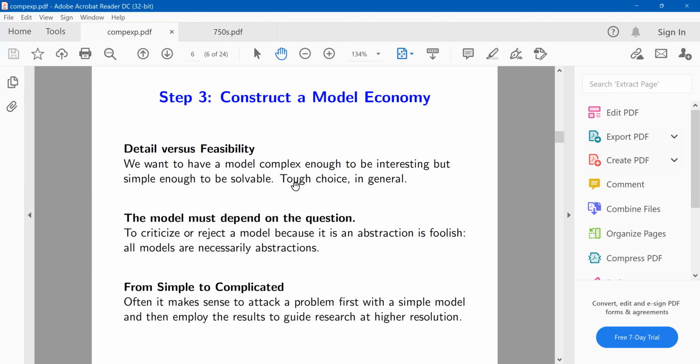So any model in that regard is an abstraction, but the important thing is that some assumptions would be entirely auxiliary. So even if you change them, the results do not crucially depend on these assumptions. Some assumptions, on the other hand, are crucial in the sense that when you change them, the entire result disappears. So then, of course, you may want to have a certain degree of realism in your crucial assumptions, right? Because if these assumptions are crucial, then they must be realistic enough, right?